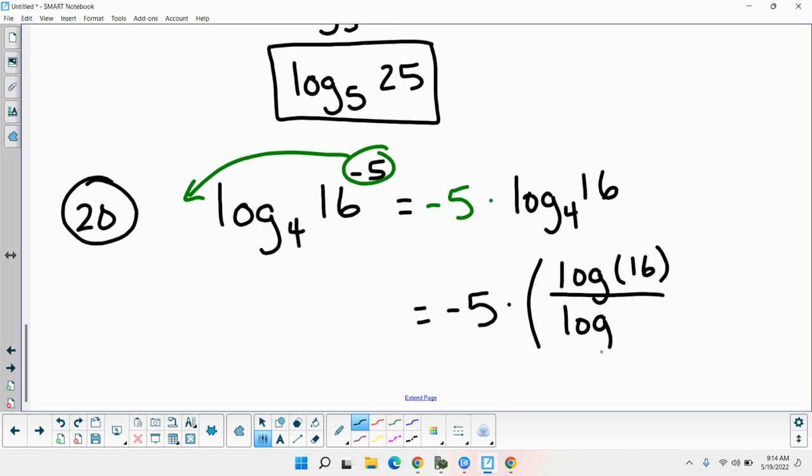Remember, the base stays in the basement, right? So the log of 4, the base, stayed in the basement of our fraction. So if you put that in your calculator, that'll give you the answer, which would be negative 10. Negative 5 times 2. Okay? So that's all calculator there.